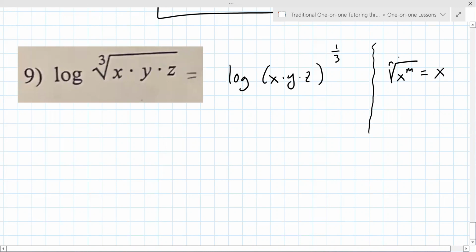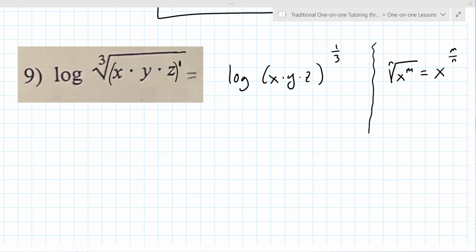The nth root always becomes the number on the bottom, and the exponent m inside the root becomes the numerator on top. And you might say, well, where is the m in my problem? It's there, it's just not written. It's really x times y times z to the power of 1.